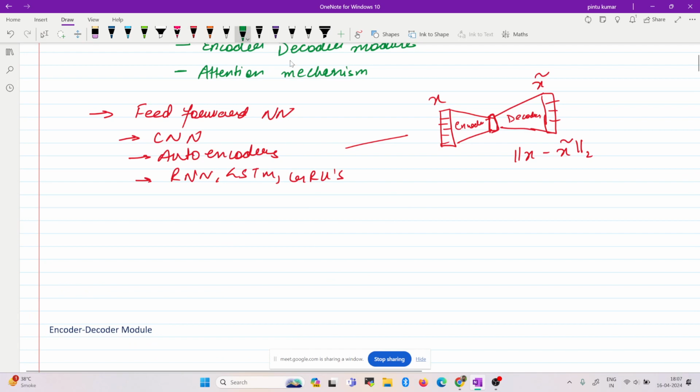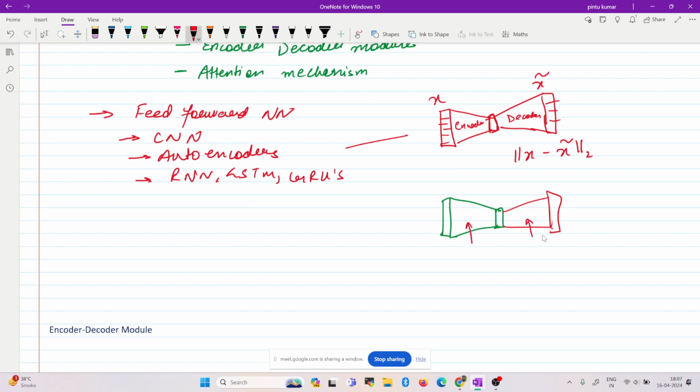now what is the difference from autoencoders is, if you have some input, you go to some representation, and again then you have some output. Now the kind of architecture that you use for the encoder need not be the same as the architecture that you use for the decoder. Also, we don't want to regenerate the input as it is, but we want to generate some variant of the input.